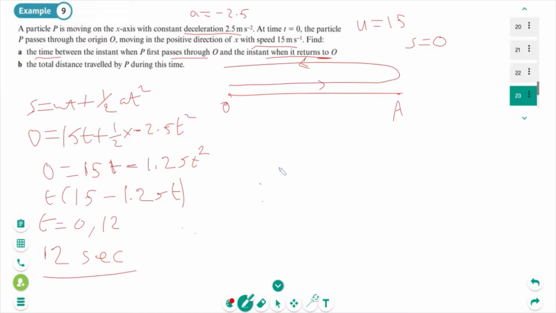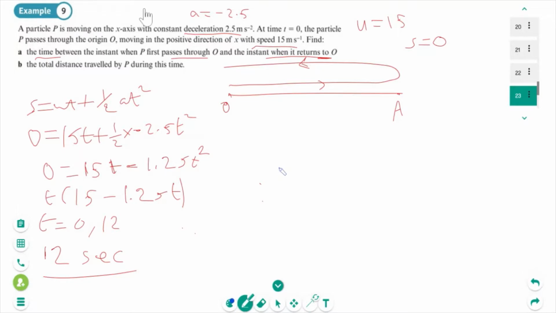Part A. Part B is easy. Find the total distance traveled during this time. So the distance traveled, think about it.